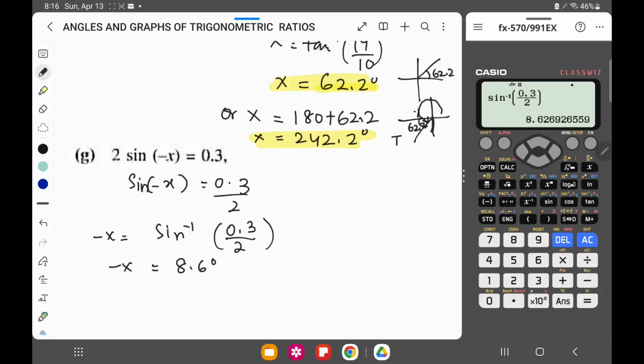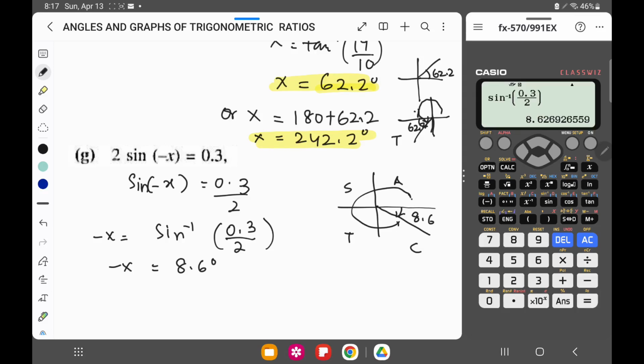So as I've told you, we'll go anti-clockwise. We'll make the basic angle here. So that is 8.6. CAST. First of all, if the basic angle is here, then you do 360 minus 8.6.